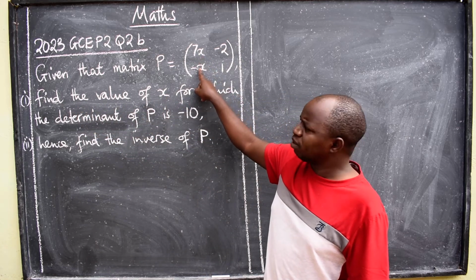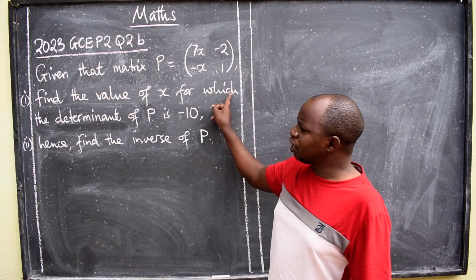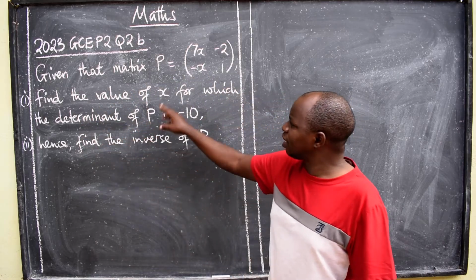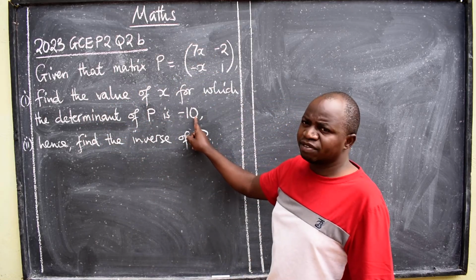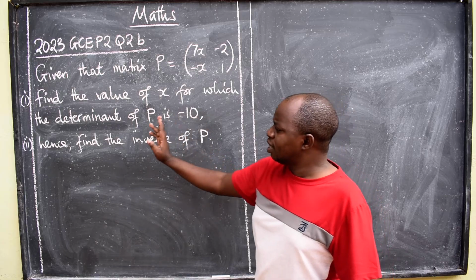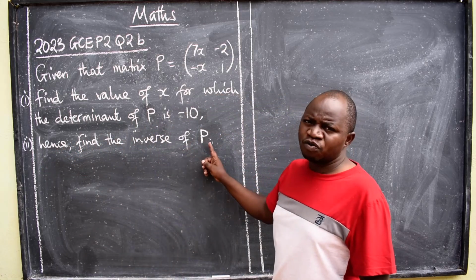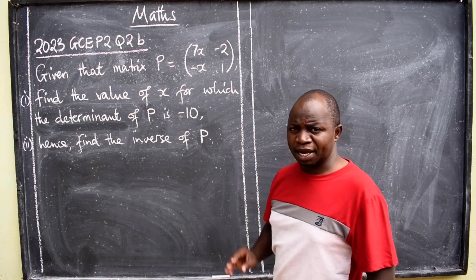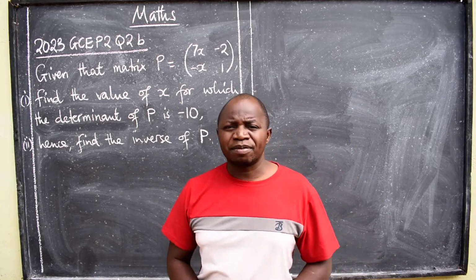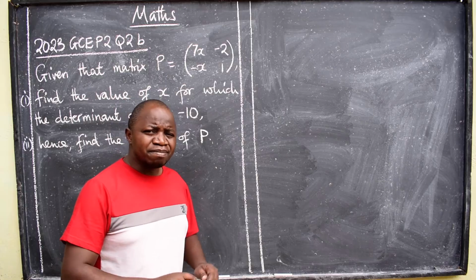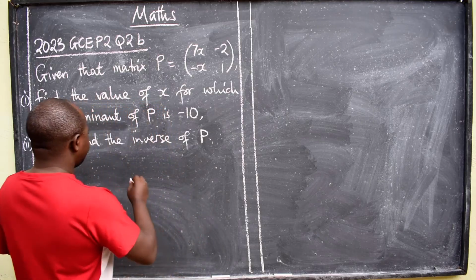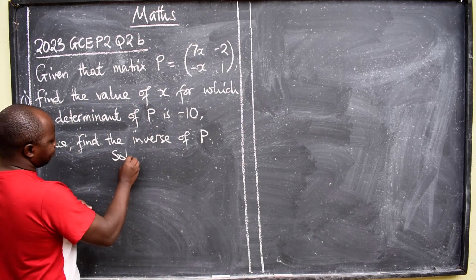We need to find the value of x for which the determinant of matrix P is negative 10. Then 2, hence find the inverse of matrix P. The question is coming from the topic called matrices. Let's look at the solutions.